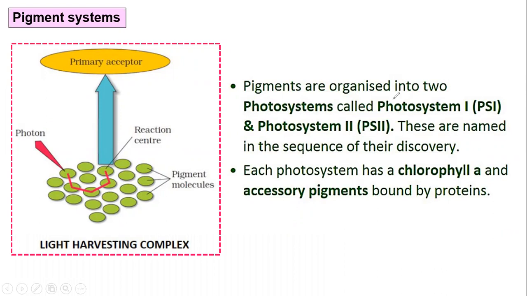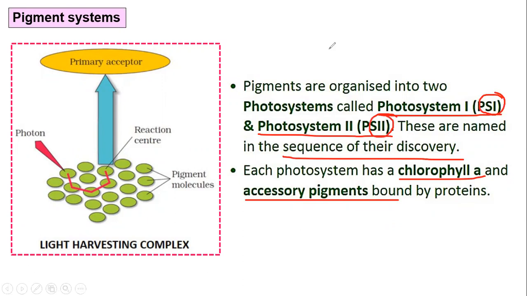Why are there two kinds? Each photosystem has a chlorophyll A molecule and accessory pigments bound by protein. They are named 1 and 2 in the sequence of their discovery, and we can distinguish between them based upon the wavelength of light that they absorb.